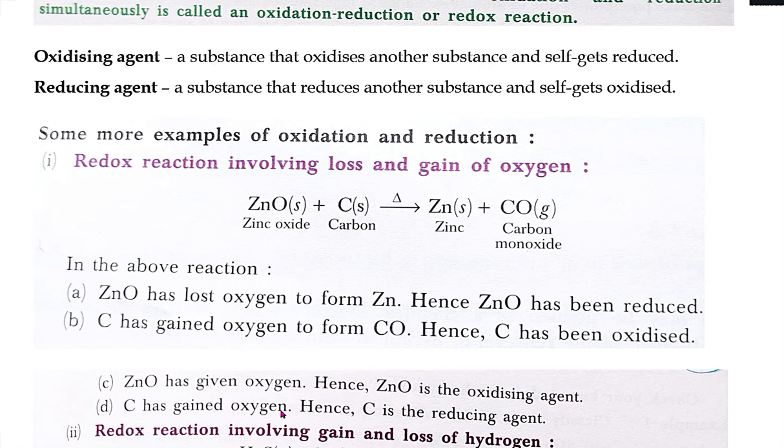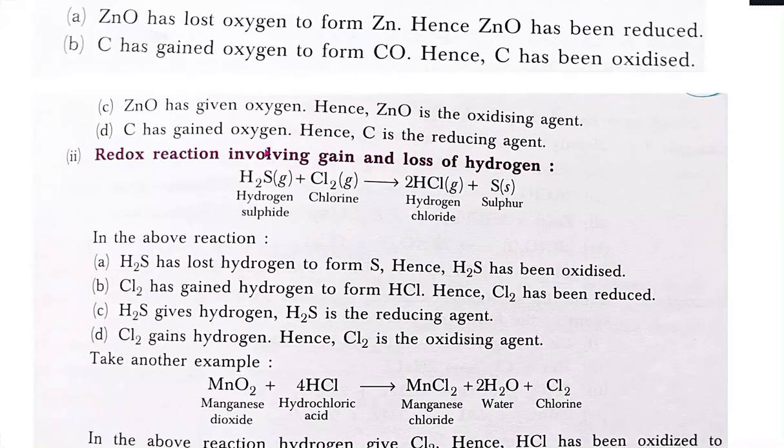Similarly, carbon has gained oxygen, meaning carbon undergoes oxidation. So we can say that carbon is a reducing agent. A reducing agent itself gets oxidized. So here carbon is oxidized, and that's why we can say that carbon is acting as a reducing agent.